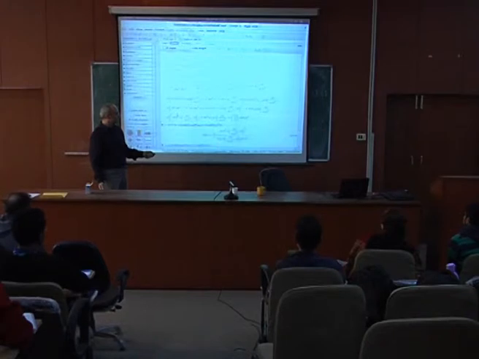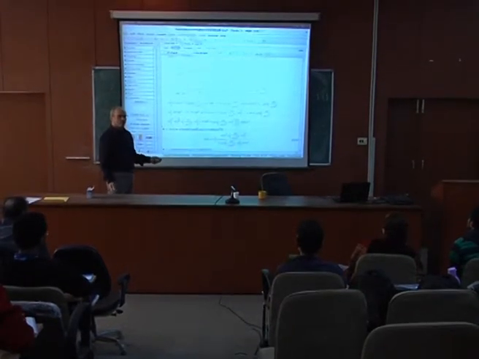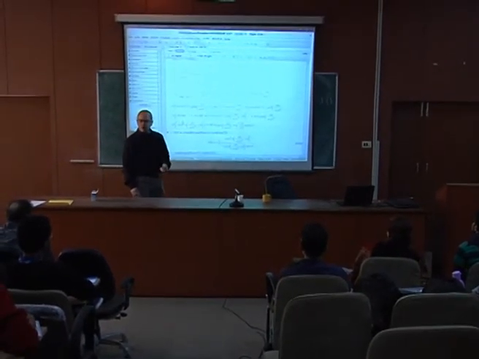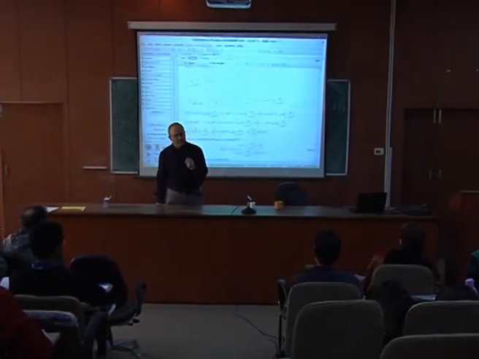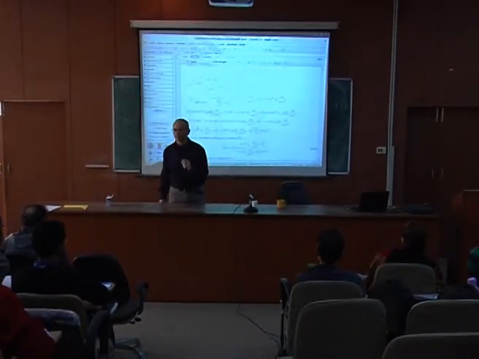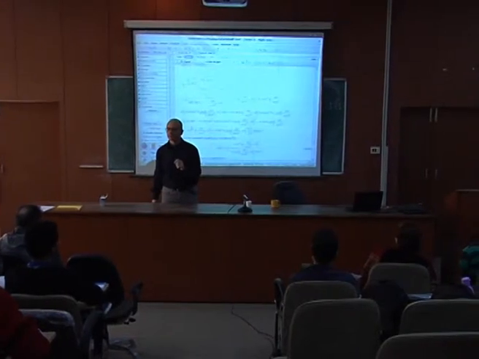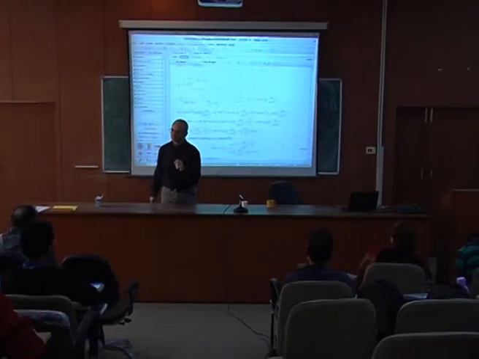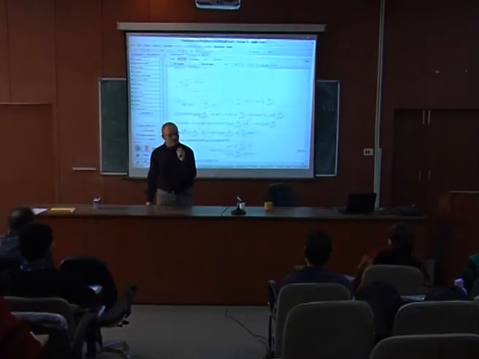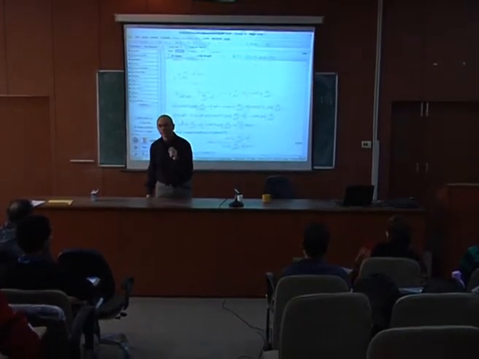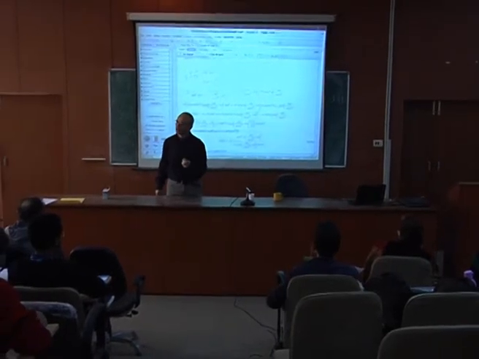Everything is positive except this one. This could be negative. So amazingly, cosmological perturbation theory has given us ρ plus P positive, which was a thermodynamical condition. And this thing is true for any fluid, any perfect fluid, I should say.